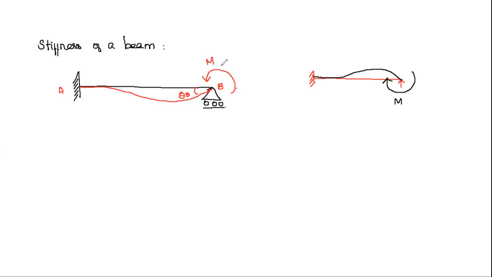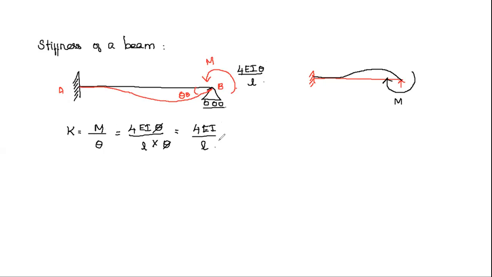And for the stiffness, we know this moment is equal to 4EI theta by L, and stiffness is equal to M by theta. So M by theta is 4EI theta by L divided by theta, which is equal to 4EI by L.